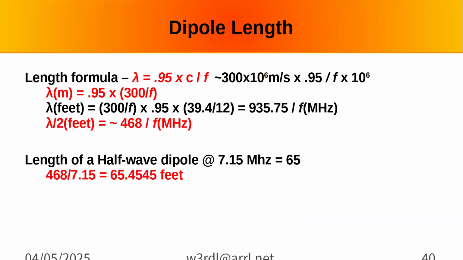And that's a pretty good approximation, times the speed of light divided by the frequency. So it's the old lambda equals 300 divided by f in megahertz, and then they threw in the velocity factor, which means its electrical length is going to be more than its physical length.